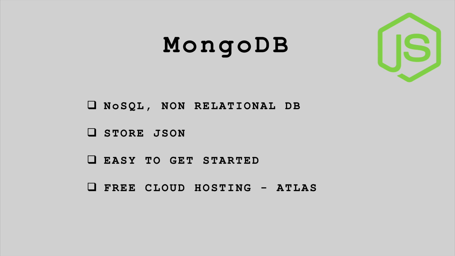And pretty much for the remainder of the course, we'll use a NoSQL or non-relational database by the name of MongoDB. Now, I'm not going to dwell on differences between non-relational and relational databases, as well as pros and cons for each of them. But the major difference is that unlike a traditional database, where we have rows and columns, in MongoDB, we can simply store everything as JSON.